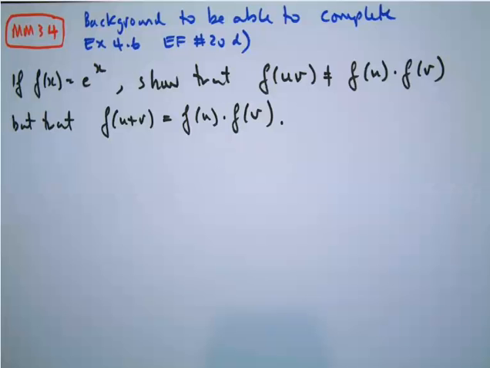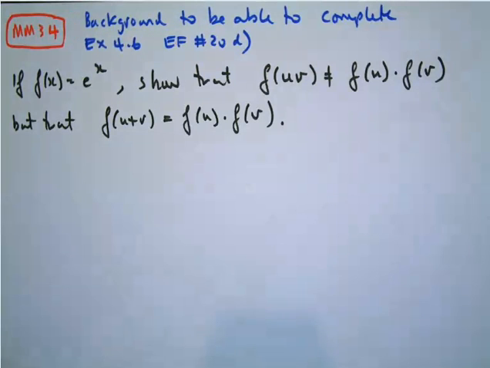I can't pick numbers to sub in, because that doesn't prove it for all cases. What I need to do is to use the letters u and v, algebraically sub them in, and find out whether the left-hand side equals the right-hand side. And then it will hold for all values of u and v.